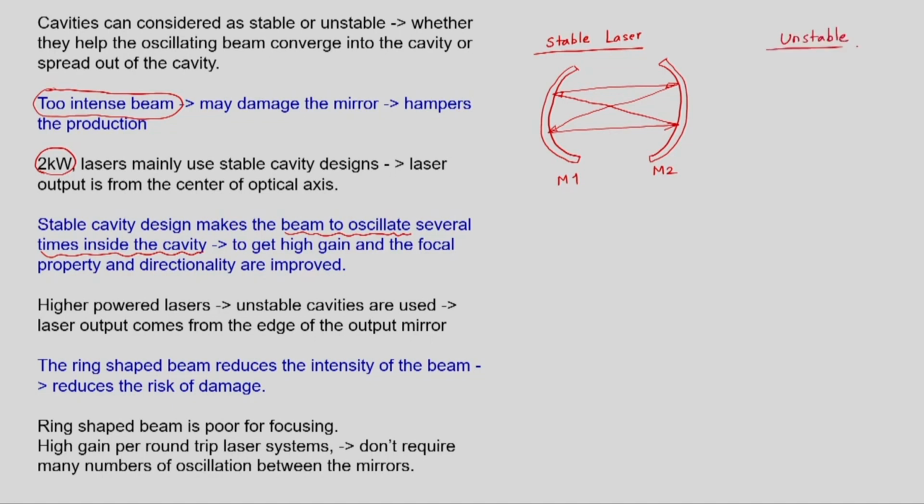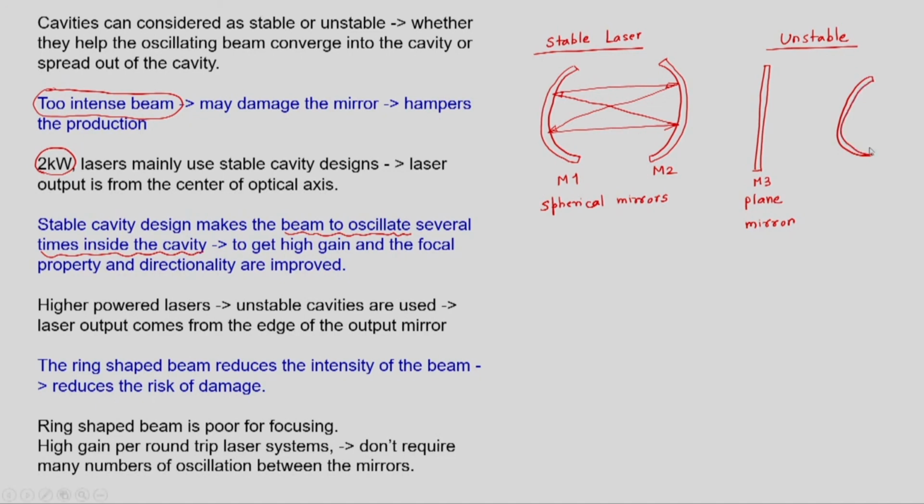In unstable mode, we are using a plane mirror. So, this is mirror M3 which is a plane mirror, and we are using one spherical mirror. So, this is the spherical mirror that we have.